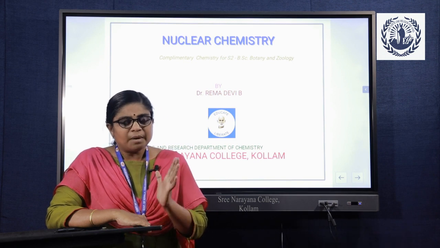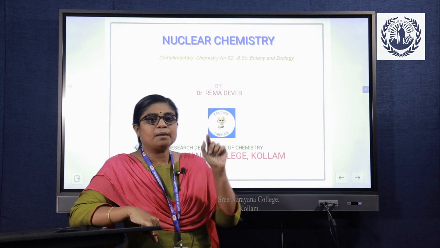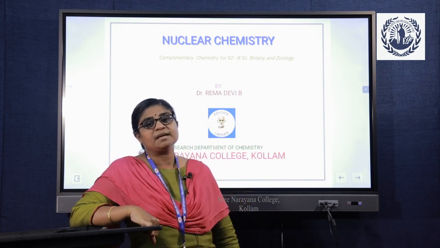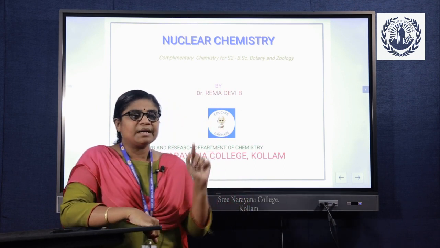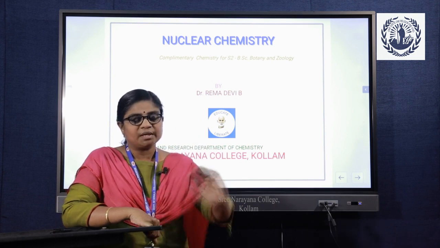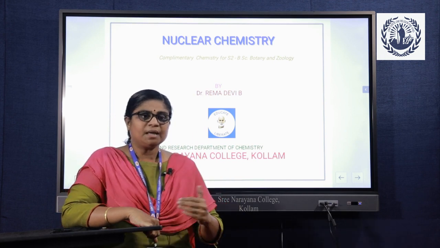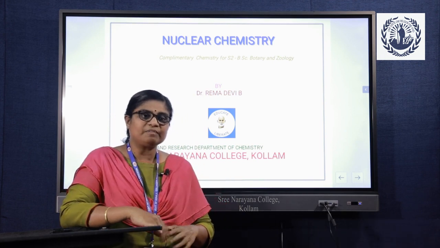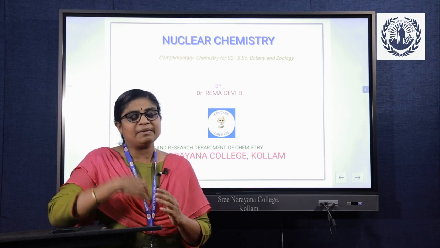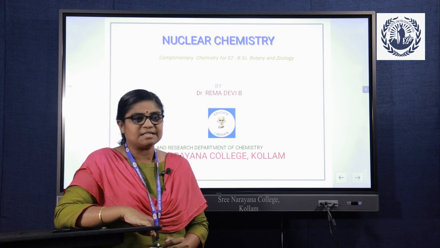But above atomic number 83, inside the nucleus the number of neutrons is greater than the number of protons. So n is greater than p. When we take the n by p ratio, the neutron to proton ratio, it will exceed or be above 1. So that type of nucleus is unstable.